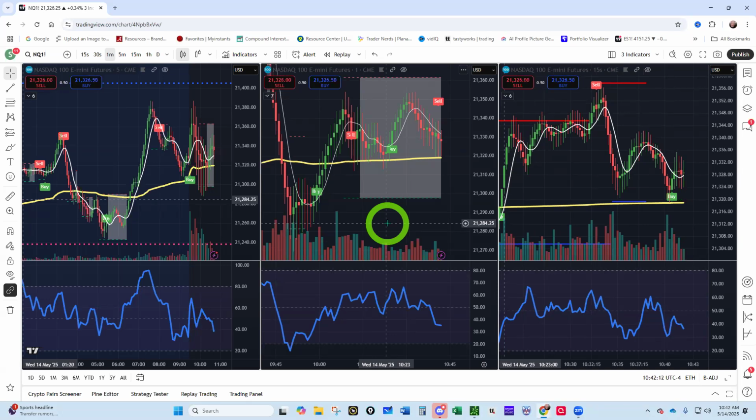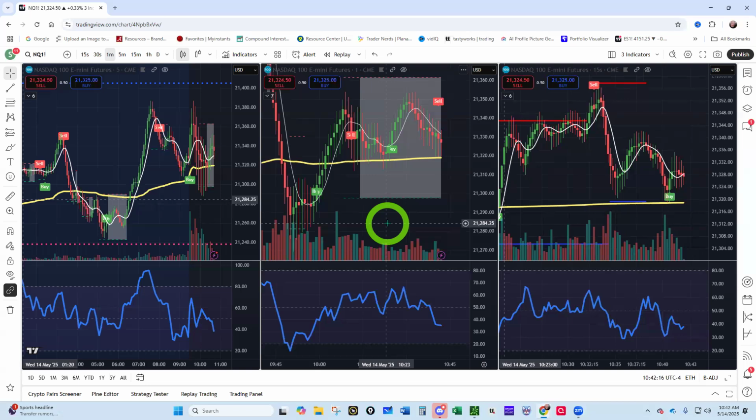Now you got money flow pointing down everywhere. Yep. AD is now pointing down as well.